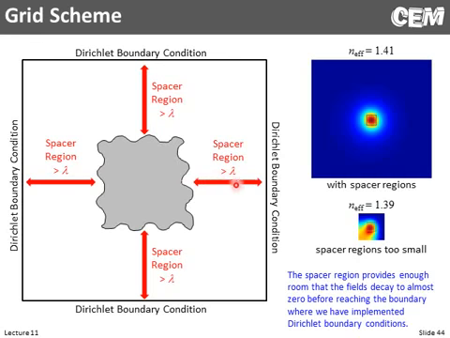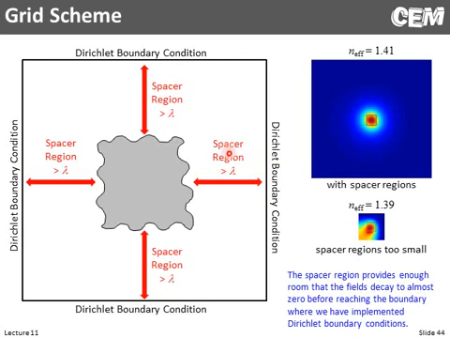But what we need to do is put some space between our waveguide and the edge of the grid. So all the energy should be confined to the guide, but some energy may stick outside of that, but we know it's going to decay exponentially. We need to have a wide enough spacer region so that none of that energy or power touches our grid boundaries. We're going to be making a Dirichlet boundary condition approximation here.